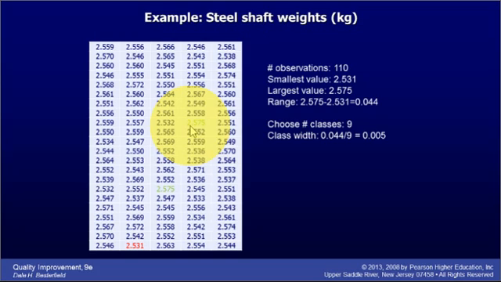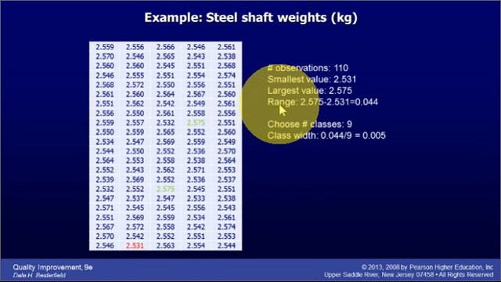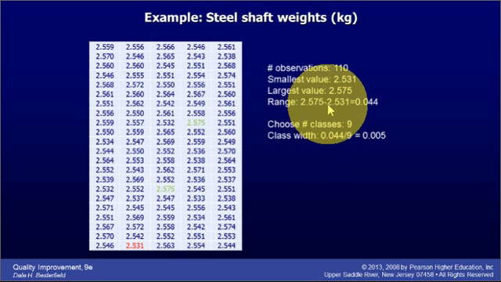So here is a bunch of steel shaft weights from a production line. They need to abide by some specifications, but the actual measures of all these 110 products may vary a little bit from each other.